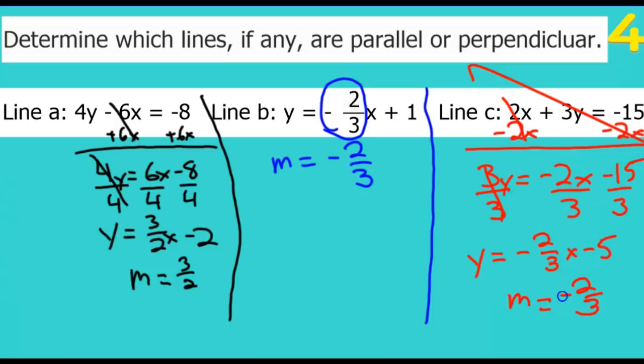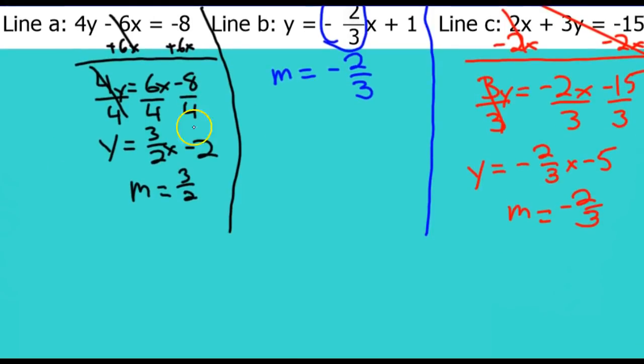Now, let's look to see if any of these lines are parallel. So our parallel lines will have the same slope. 3 over 2 is not the same as these two, but -2 over 3 is the same as -2 over 3. So line B is parallel to line C. Now if we look at the negative reciprocals, to see if any of them are perpendicular, the negative reciprocal of 3 over 2 is -2 over 3.